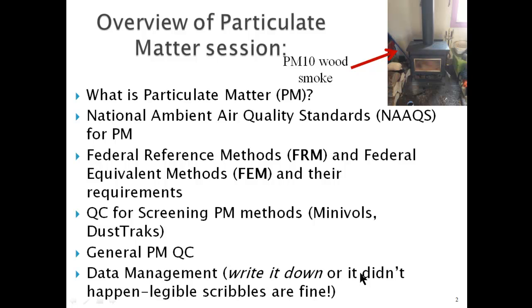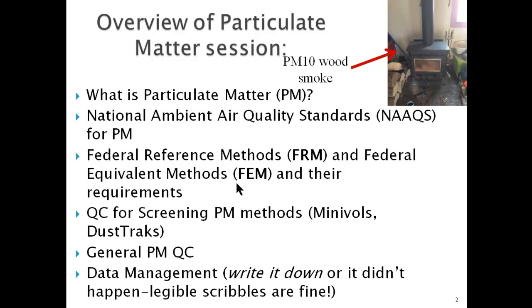what particulate matter is. We're going to go over the National Ambient Air Quality Standards, which are abbreviated NAAQS. We're going to talk about federal reference methods, abbreviated FRM, and federal equivalent methods, abbreviated FEM, and I'll mention their requirements.